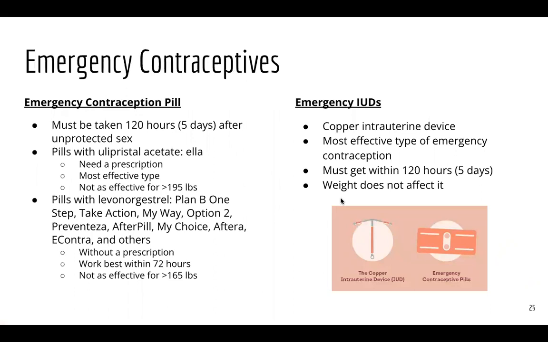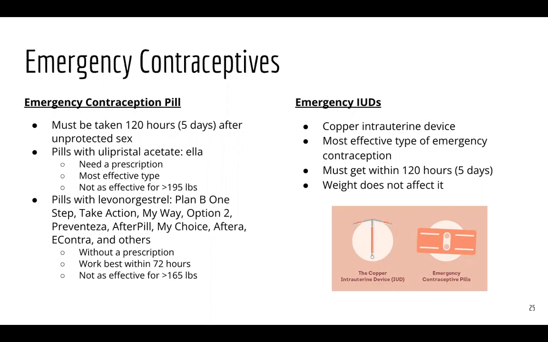These are some of the emergency contraceptives. There's the emergency contraceptive pill, which must be taken within 120 hours, or 5 days, after unprotected sex. Pills with ulipristal acetate, or ella, need a prescription, are the most effective type, and are not as effective for people over 195 pounds.